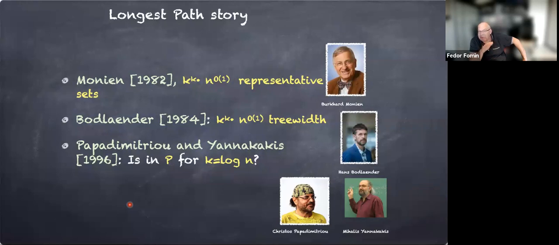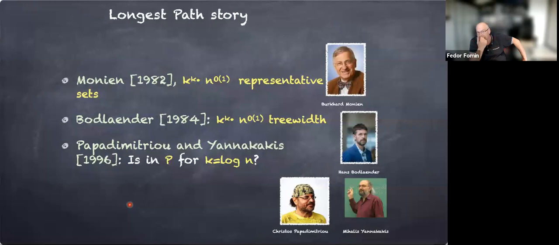And actually, he was using a kind of representative sets, but he didn't use Bollobás lemma, and this is why it's k power k. Then Bodlaender in 1984 also observed that by making use of treewidth techniques, one can also obtain an algorithm of running time k power k.